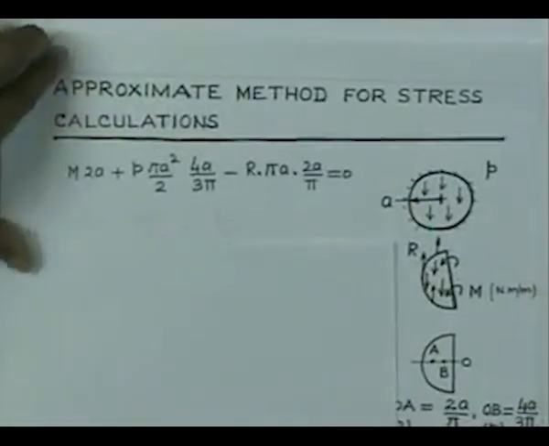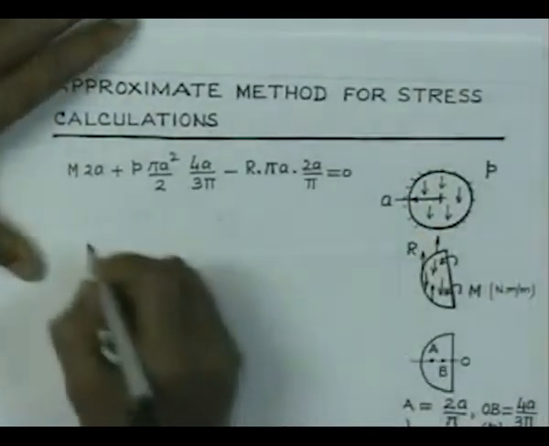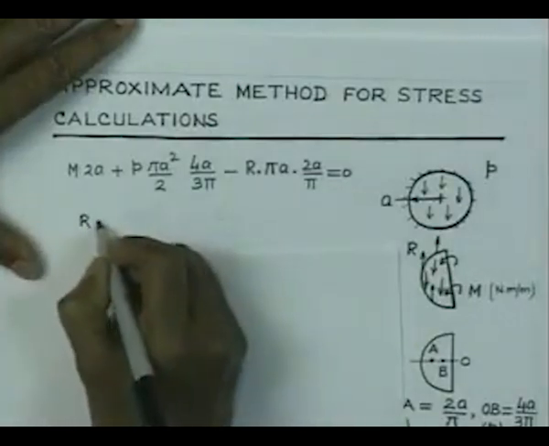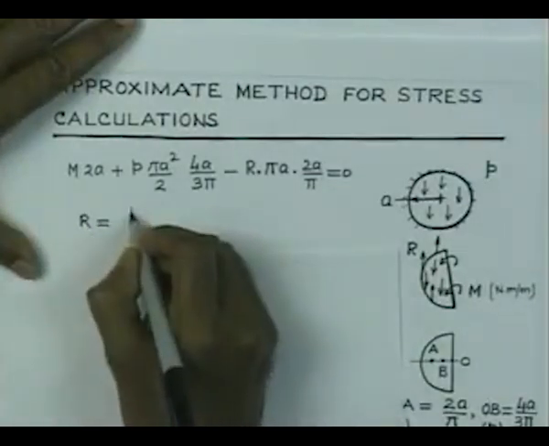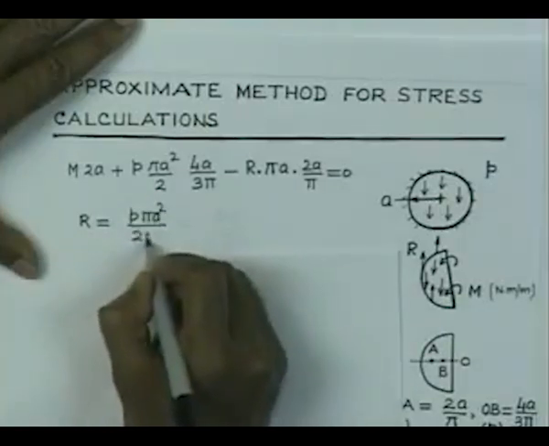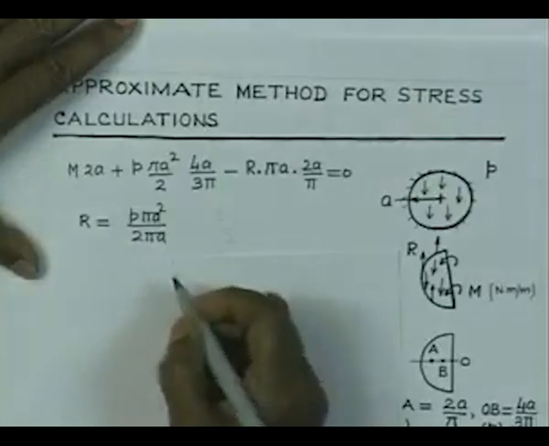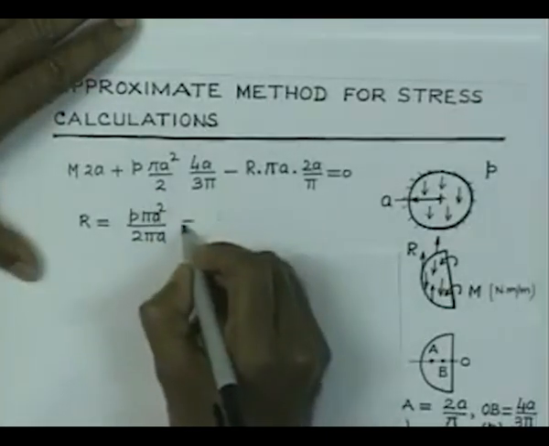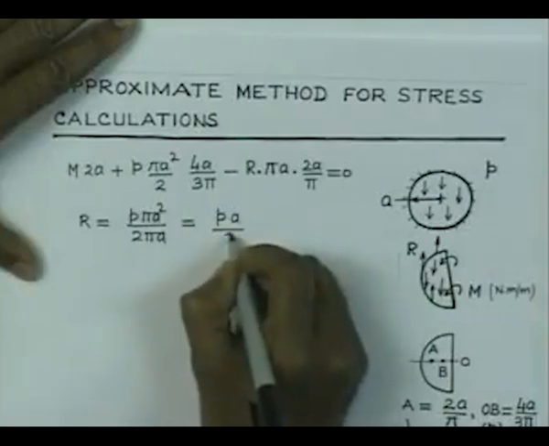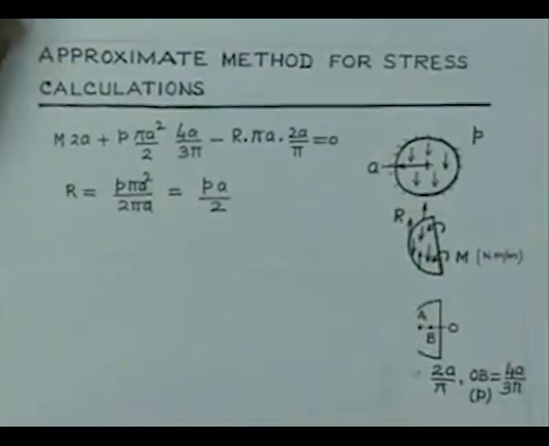So, if we consider now this moment equation, we now have also some of the values here. R is nothing but P into pi a square by 2 pi a, total vertically downward load, and therefore this is nothing but P a by 2.